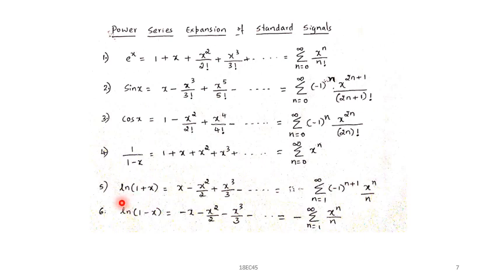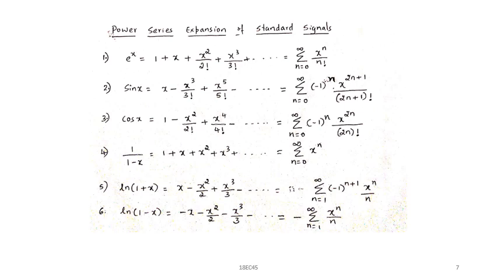Then the fifth one is natural logarithm of 1 plus x. This is equal to x minus x square by 2 plus x to the power 3 by 3 minus, and this can be written as summation n from 1 to infinity, minus 1 to the power n plus 1, x to the power n divided by n.